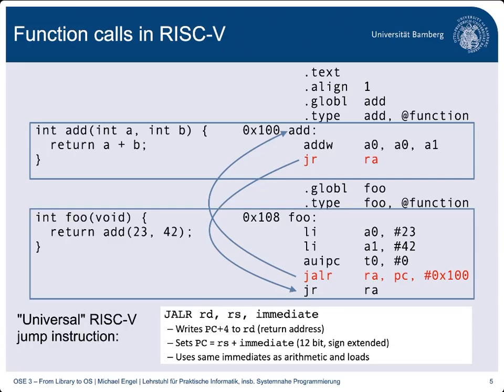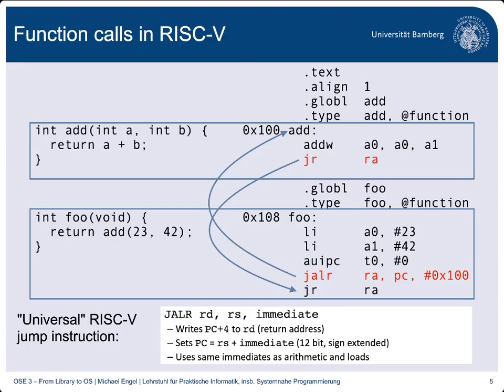We stored it automatically in our RA register when calling JALR. Our function add does its functionality, it adds 2 numbers, and then it jumps back to the stored address in RA, and we end up at our last instruction here, which again jumps back to the contents of RA. That looks good, does it?